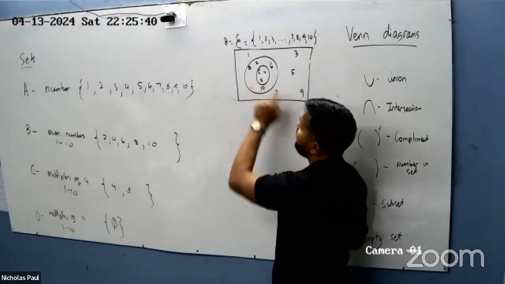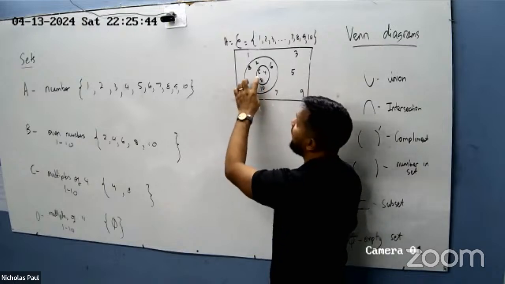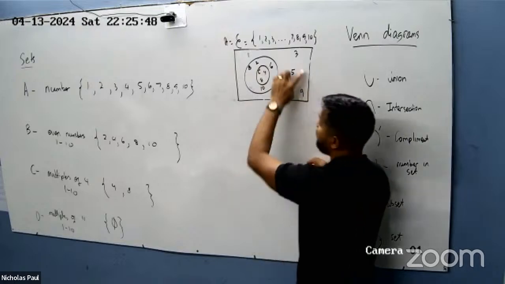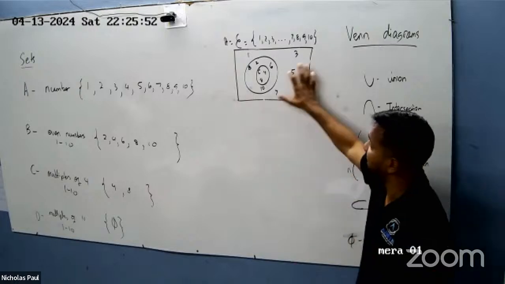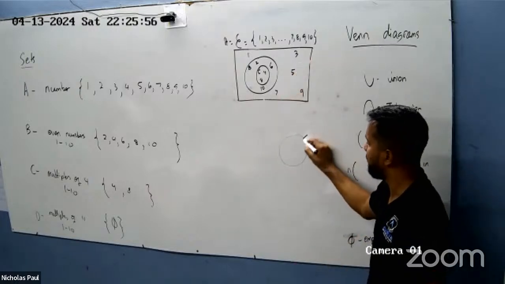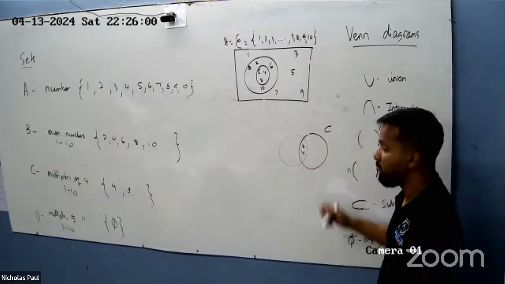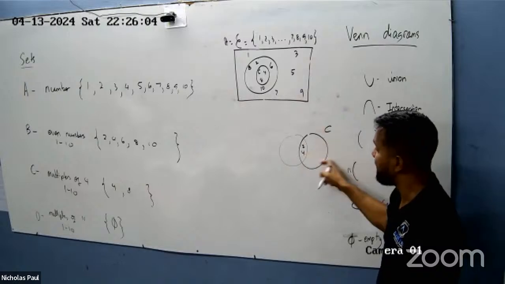The reason is that every single element in C belongs to B. If I drew it outside here, it would have been wrong, because it would have intersected when nothing intersects. If I had done it like this, I would have had 2 and 4 here and nothing here. So when that happens, this set has to go in there.